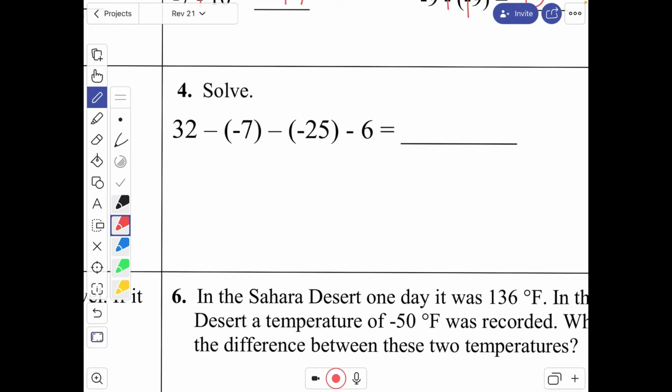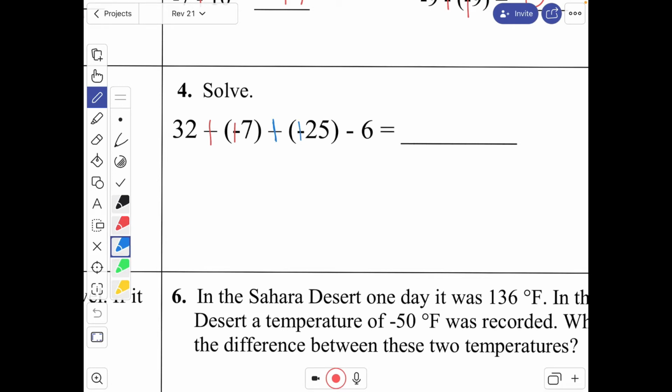Number 4. I know there's more numbers, but remember, everywhere you see a subtraction sign, you change it to addition. And then the number behind it becomes the opposite. So if it's negative 7, the opposite is positive 7. So I see another minus sign, make it addition.